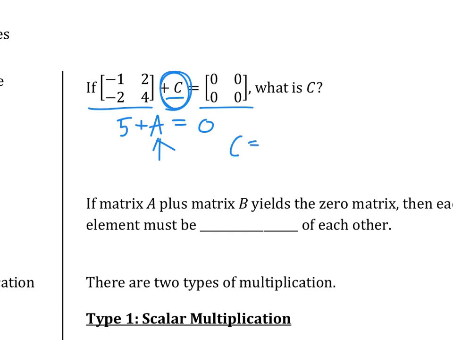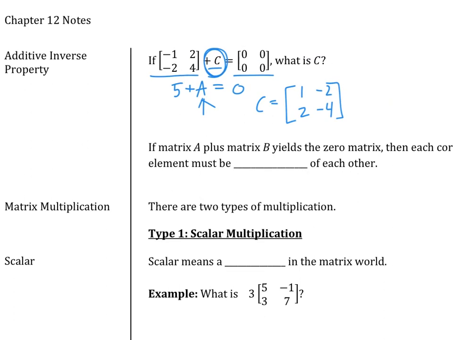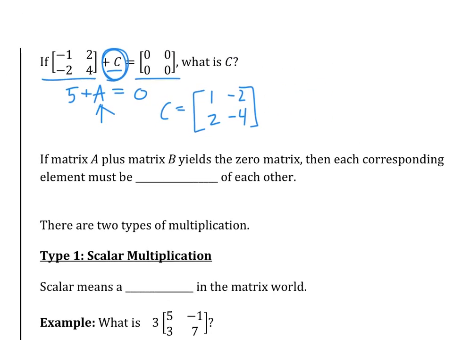So the C matrix must be 1, negative 2, 2, negative 4. Exactly the opposite in order to get you the 0 matrix. So here's the definition. If matrix A plus matrix B yields the 0 matrix, then each corresponding element must be opposite of each other.